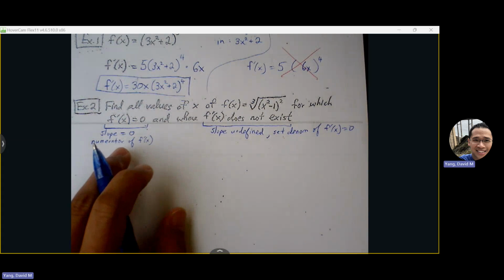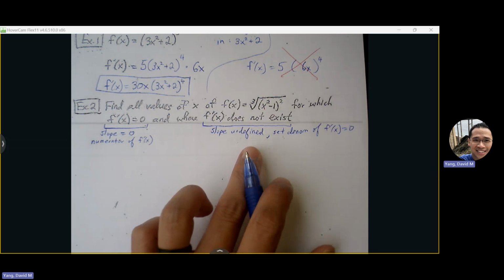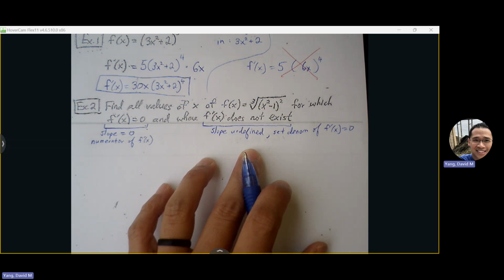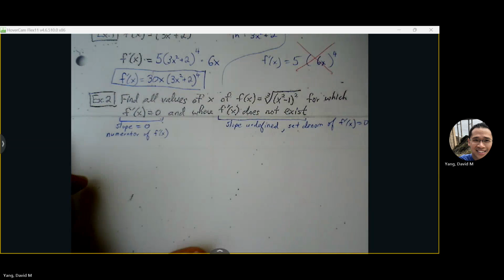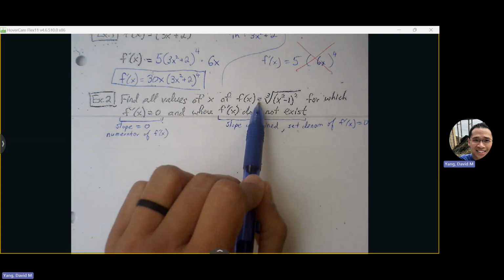So numerator of f prime will give us places where the slope is going to be 0. The denominator of f prime will be potential places where the slope is undefined. Slope undefined could be like a sharp point or a vertical tangent. But first things first, we're going to find the derivative.